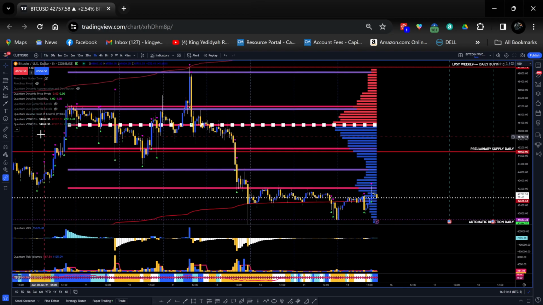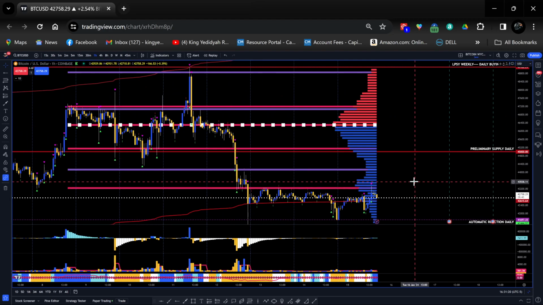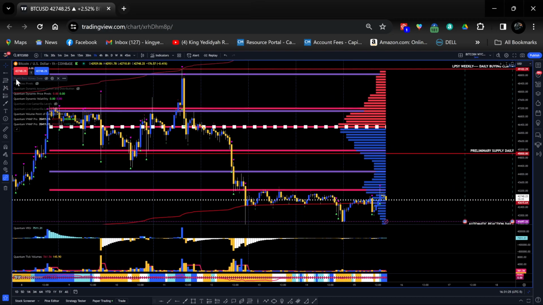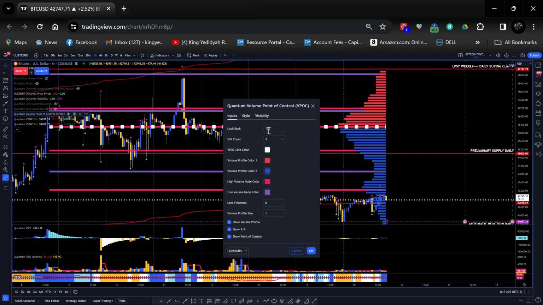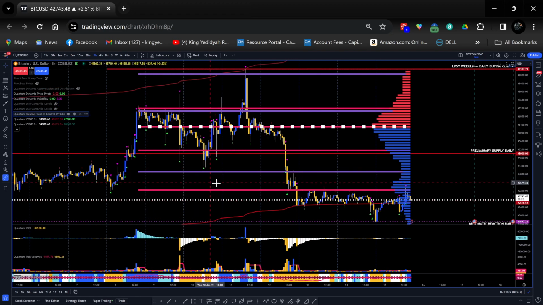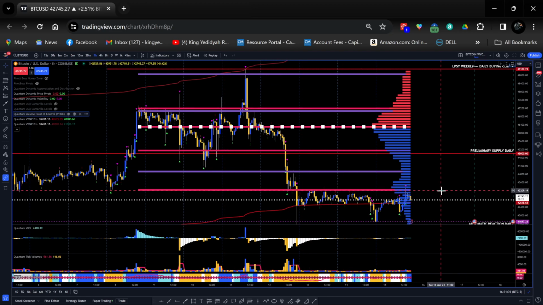Can you see my chart now? So I have this volume point of control here. It's on the 1 hour chart and it's going back 170 bars, so I think that's about seven days. So it's a weekly volume point of control.